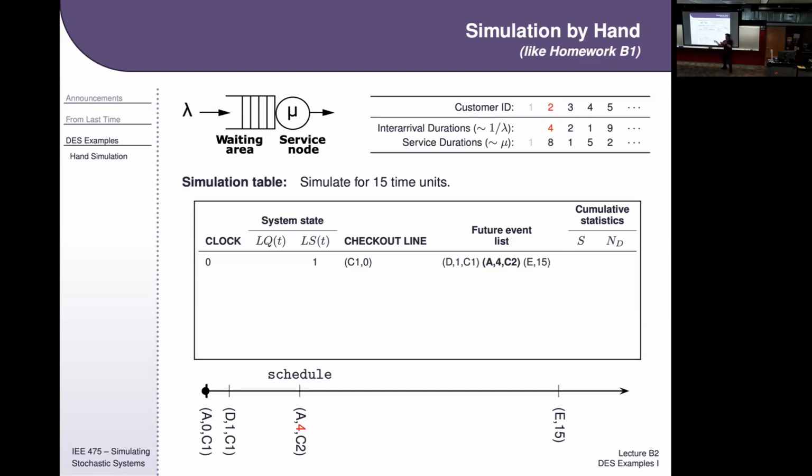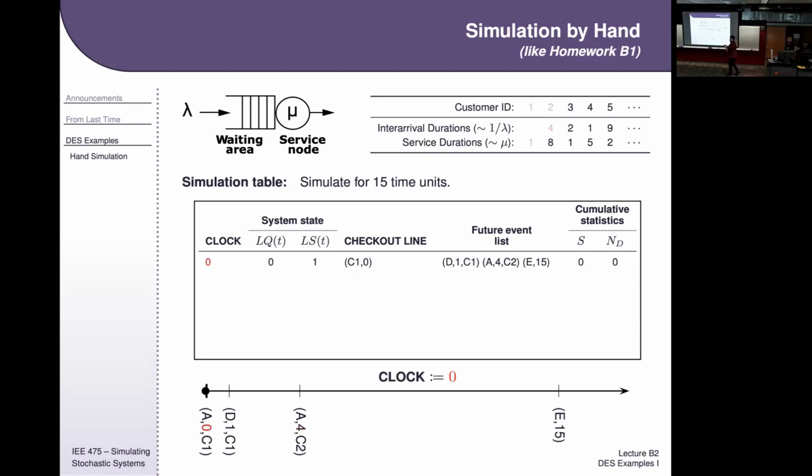And that absolutely could happen in the real system. And then the poor customer that arrived early would just have to wait. So this is set up so that when customer 2 arrives, they won't have to wait because customer 1 will already be departed. But these could be switched, in which case when we process the arrival event next, then customer 2 would just have to sit there and wait. Does that make sense? Other questions?